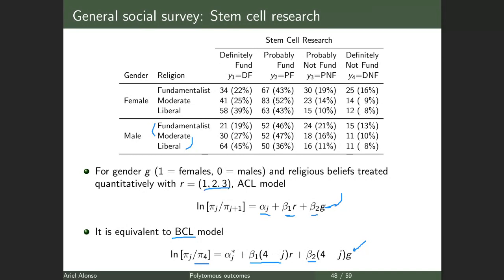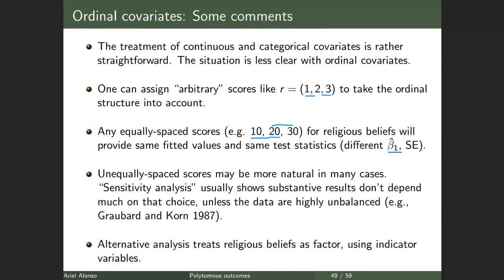If you assume that, then you can use whatever scores you want that respect that property, so that the distance between 1 and 2 is the same as between 2 and 3, or like in the other example, the distance between 10 and 20 is the same as between 20 and 30. If you think this is a reasonable assumption, then it doesn't matter which scores you use: you're going to get the same model fit and the same result for the test statistic.